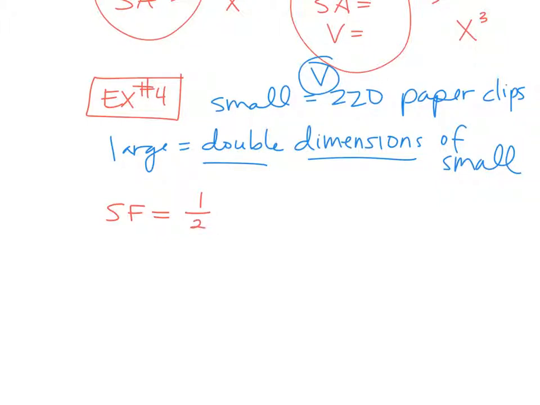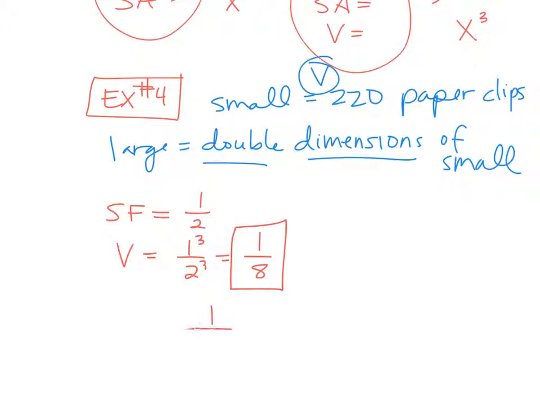We're doubling the dimensions. That would be my scale factor. We're looking for the volume of the bigger box. So my volume ratio is going to be 1 cubed to 2 cubed, so my volume ratio is 1 to 8.